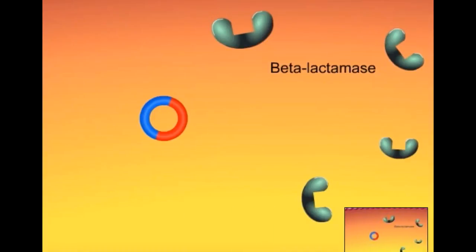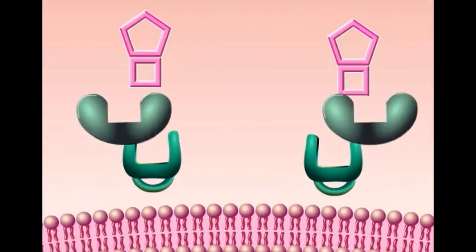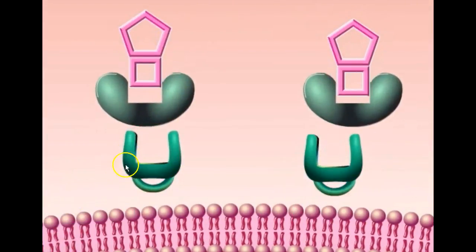As you're going to see here, let me fast forward a little bit. There we go. In the presence of the antibiotics, there's your penicillin binding protein. So here's all three players. Here's our normal penicillin binding protein, whose job is to staple together the cell wall.